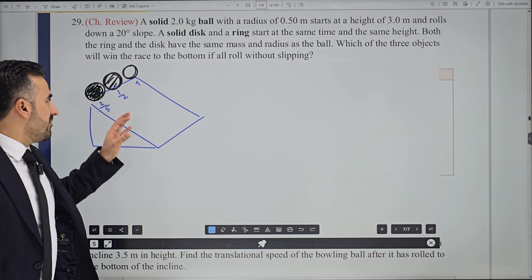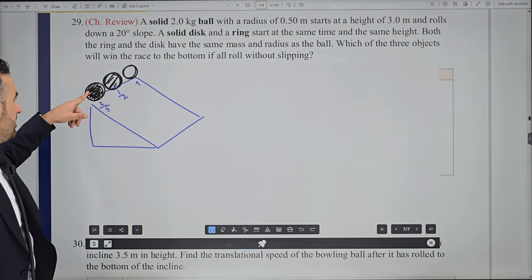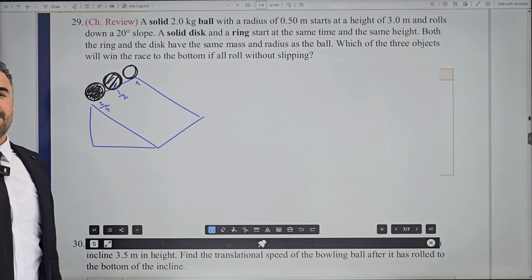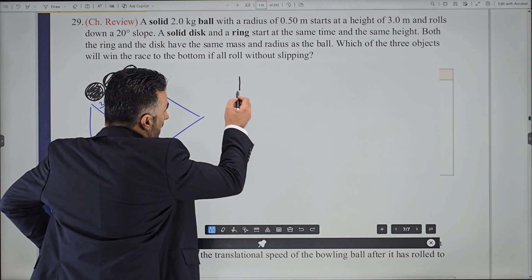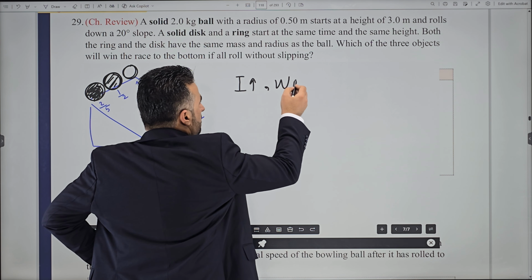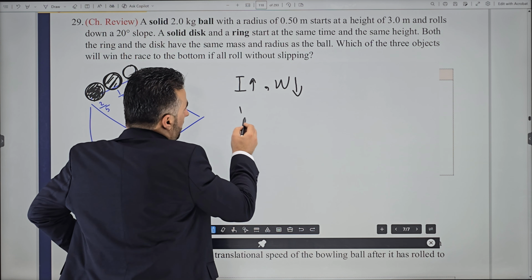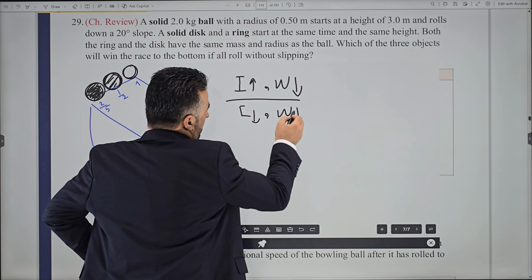We said, which one of these would reach the bottom first? We said that the solid ball, or the bowling ball. And why is that? Previously, we were saying if moment of inertia is the largest, angular speed would be the lowest. In other words, if moment of inertia is smaller, then angular speed would be the fastest.